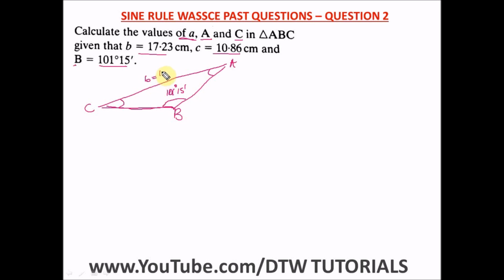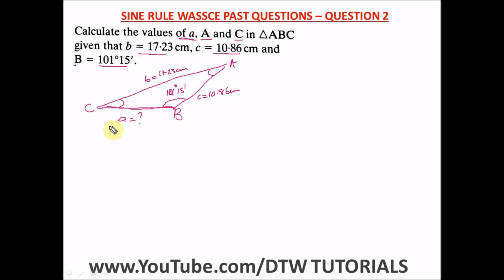So b equal to 17.23 centimeter. c is equal to 10.86 centimeter. And a, we're not given a, so a question mark. So let's find A and let's find C: your angle A, angle C, and your length a.